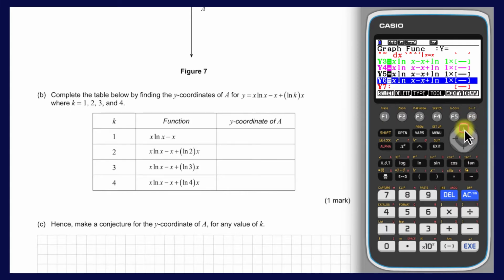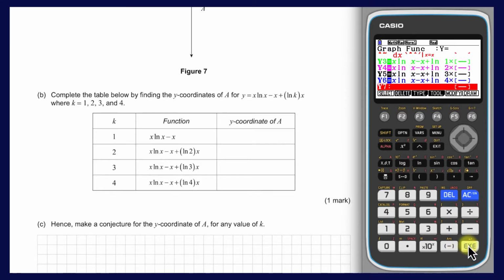And now that first one, that ln 1, will become 2. The next one, it will become 3. And then the last one, change that to a 4.